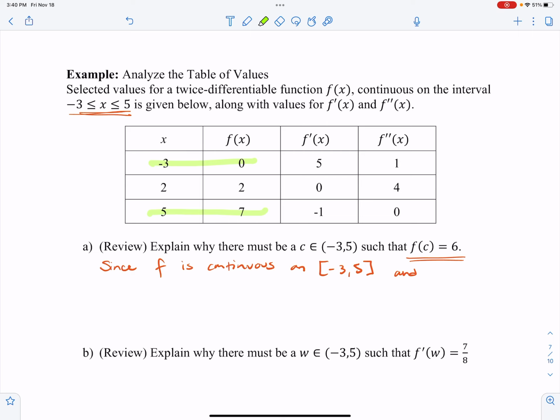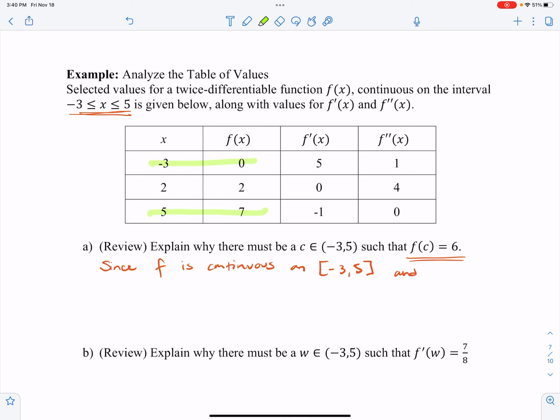F of -3 is 0, f of 5 would be positive 7. 6 is between 0 and 7, and therefore, by the intermediate value theorem, we are able to say that there's a value c such that that function value exists.